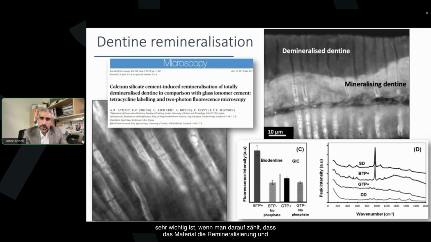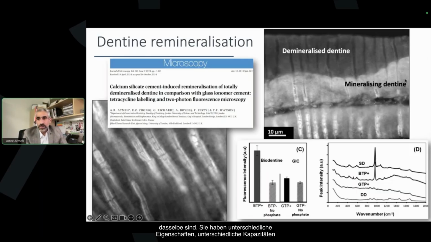When we compared it with glass enamel, which is famous for its ability to remineralize, it was comparable when the dentine was not fully demineralized. But when we used a fully demineralized dentine that could be similar to caries infected, it showed much better performance than the glass enamel.